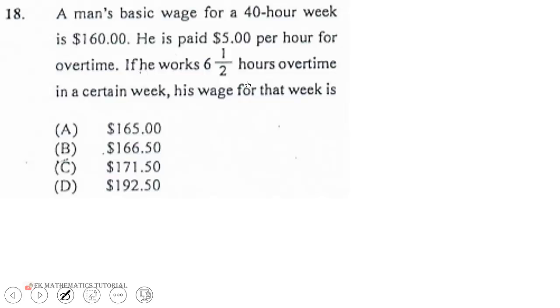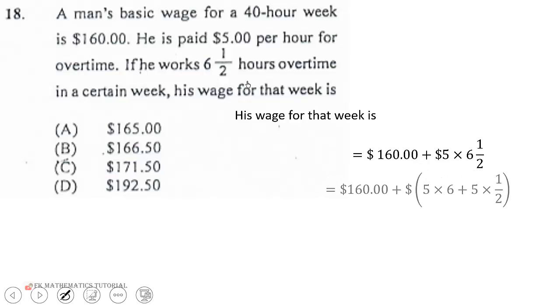Question number 18. A man's basic wage for a 40-hour week is $160. He is paid $5 per hour for overtime. If he works 6.5 hours overtime in a certain week, his wage for that week is... So we know his wage for that week is given by $160 plus $5 times 6.5 hours.